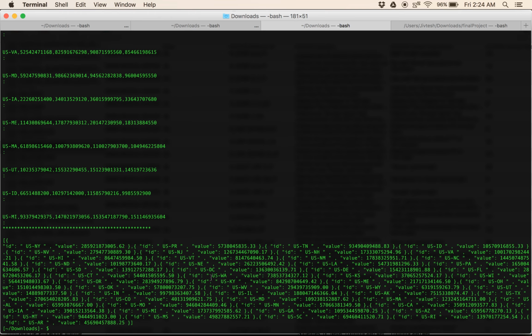And here we can see California has the highest spending because of population reasons. So once we run this, we get our historical data for the previous years of spending. And once these files end, we can run our regression script, which is in Python, to predict the spending for the next year.